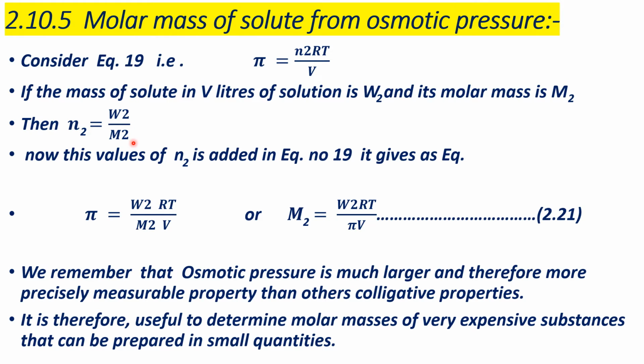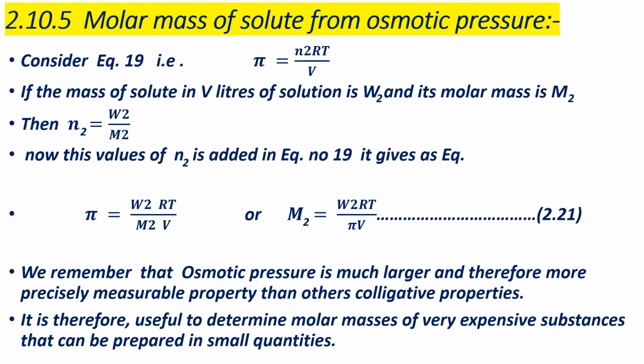Now this value of N2 is put into equation number 19. It gives the equation pi is equal to W2 into RT upon M2 into V, or when you have to calculate molar mass M2, then M2 is equal to W2 into RT upon pi into V. M2 goes to the other side, pi goes to the other side, and then you obtain the simple equation W2 into RT upon pi into V.